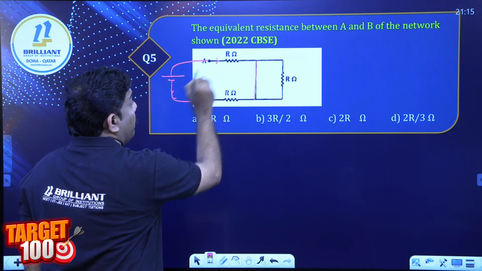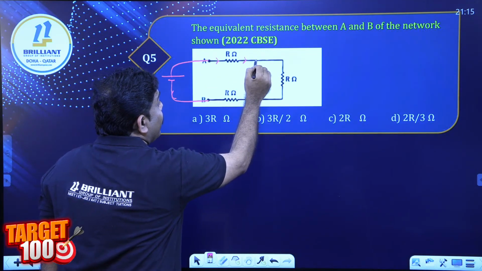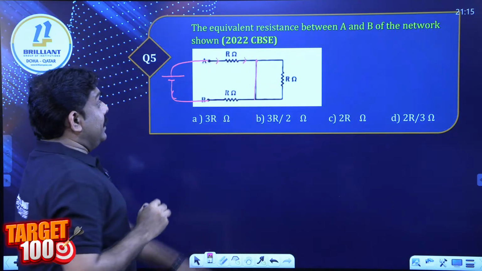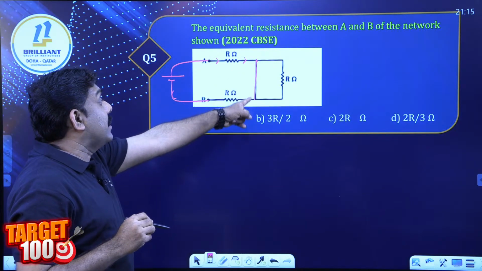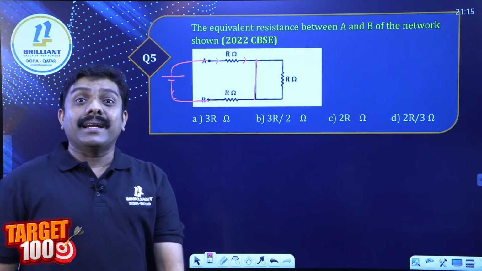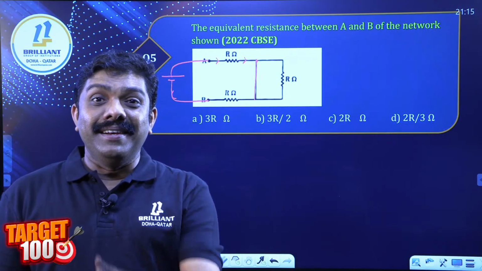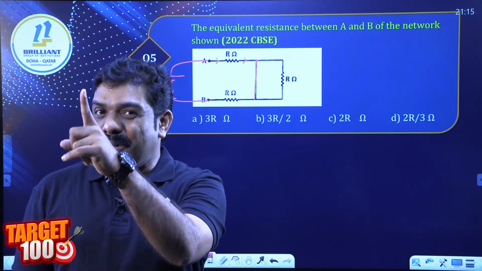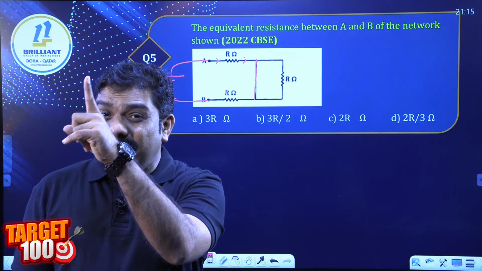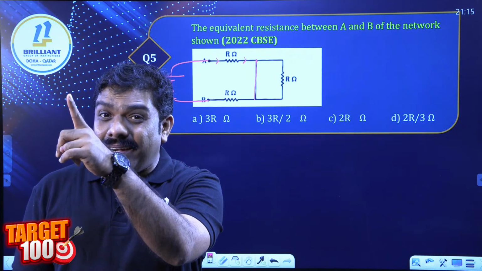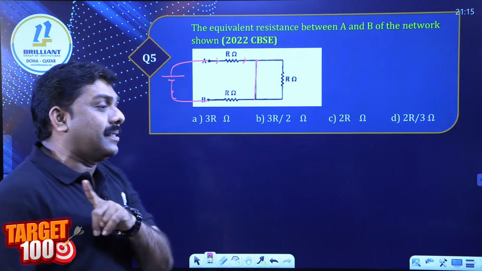When current reaches here, there is a least resistance path. Don't forget, if there are 2 paths, current always selects the least resistance path.